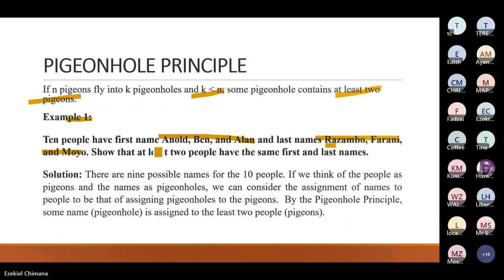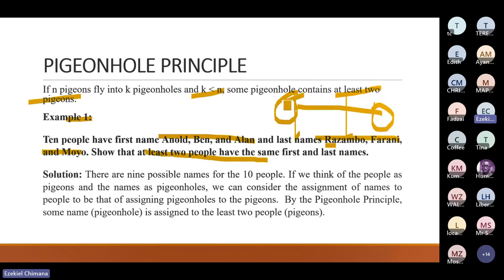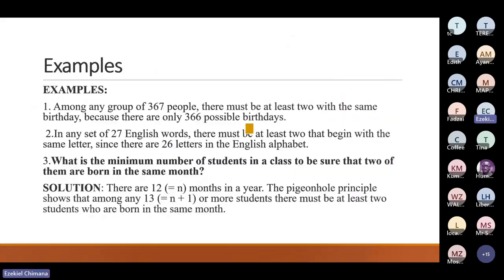Because remember, we've got 9 and 10. If you place 10 things into 9, you are going to have one container which is going to contain 2. You're just going to have one row with the 2 items. It's just the same.